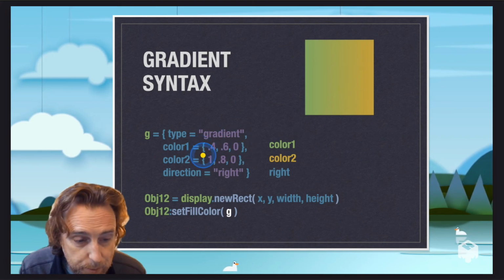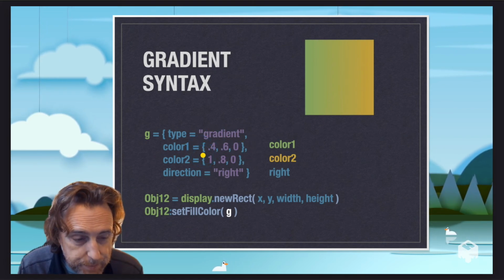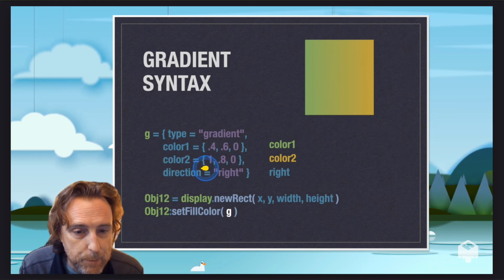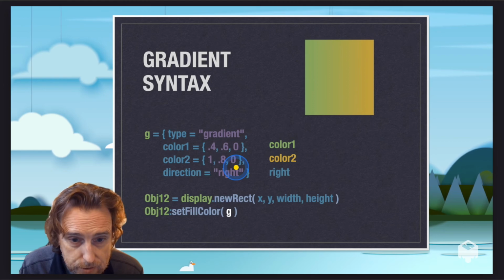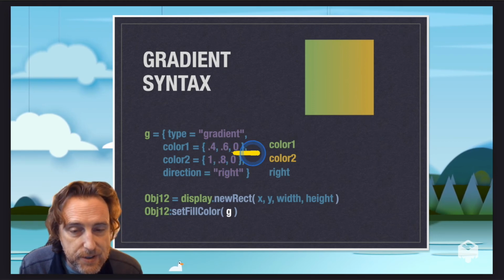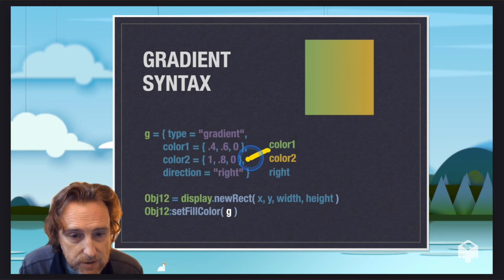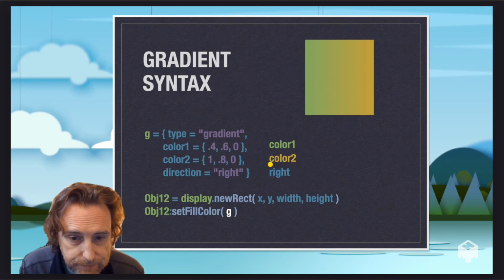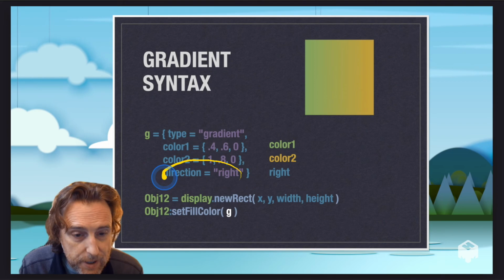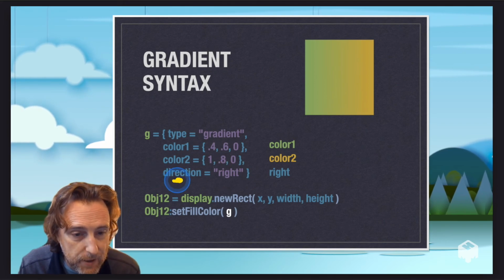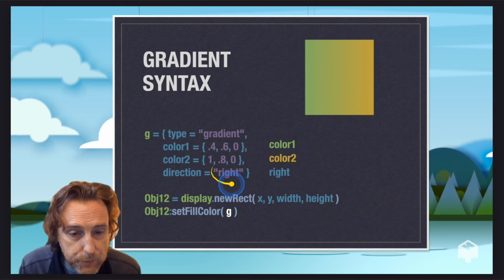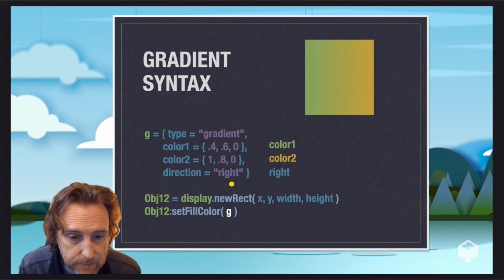So this is a table within a table, which is perfectly fine. Color 2, same thing. It's a table of RGB values. So 0.4, 0.6, and 0 is this greenish kind of color, and 1.80 is this gold color. And then we give it a direction. So the 4th key value pair is direction equals, and then one of those 4 directions: up, down, left, right.